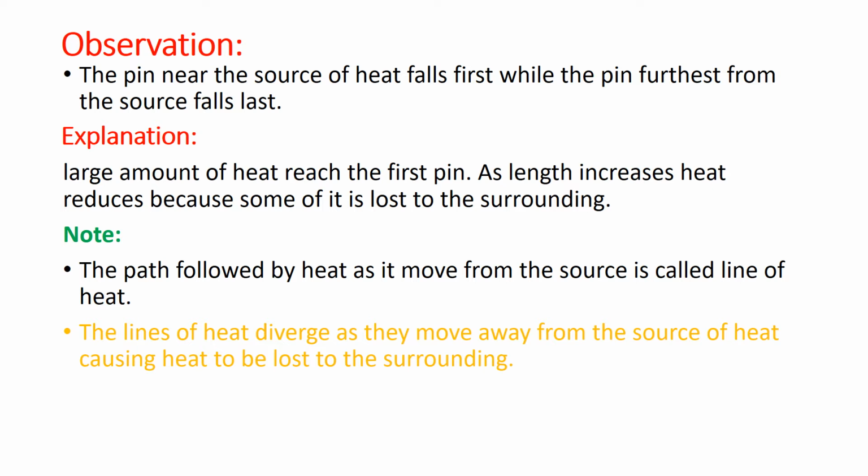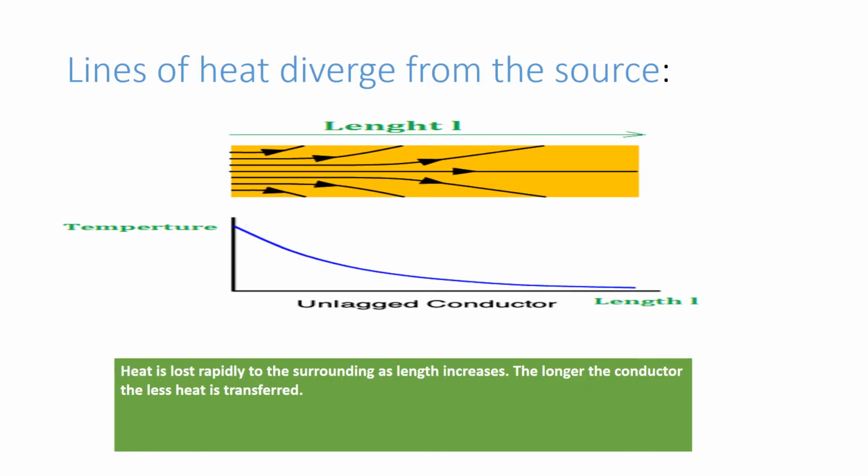The path followed by heat is called line of heat flow. Lines of heat flow diverge as they move away from the source, and once they reach the surface, heat is lost to the surrounding. You can see the diagram illustrating this in the next episode. Lines of flow transport heat from one point to another.